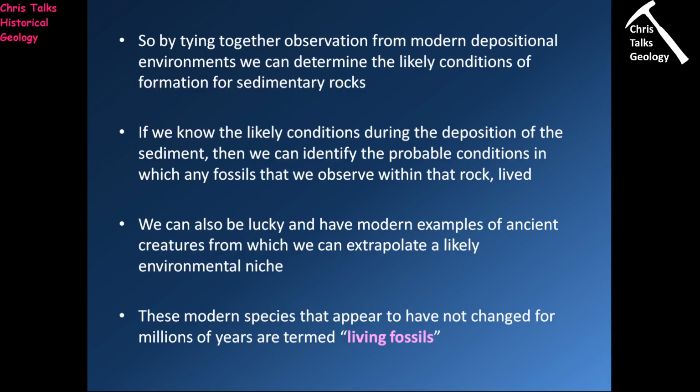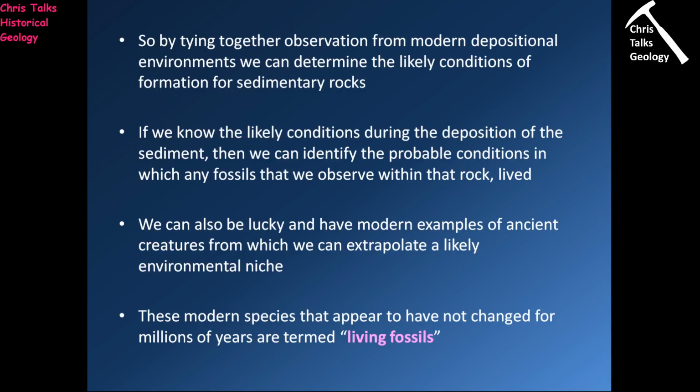So the animal probably liked to live in quite shallow, probably quite muddy water. That's something we can extrapolate by working out where the sedimentary rock likely formed. We can then say that any fossils we find in this rock would have liked to live in these types of environments.